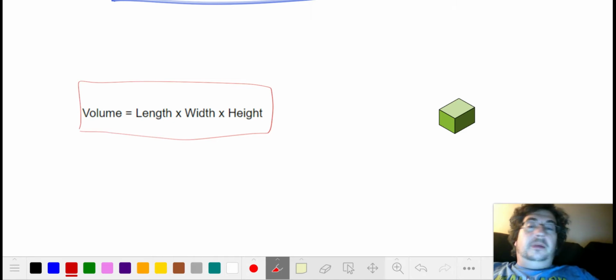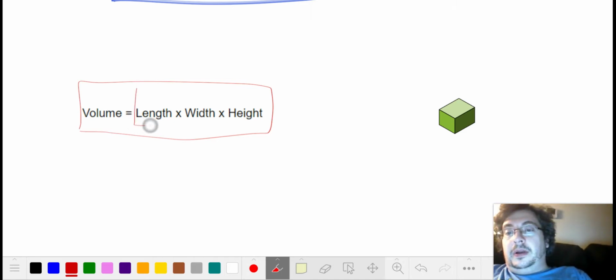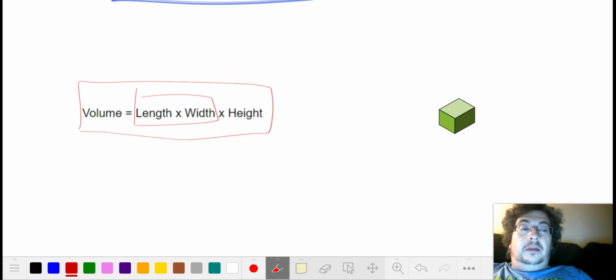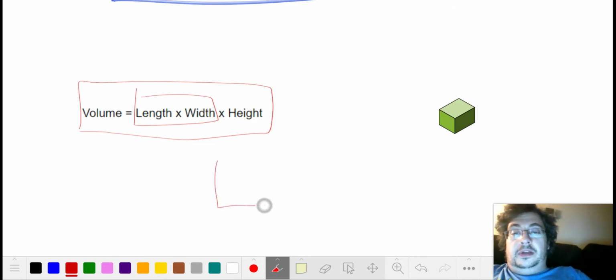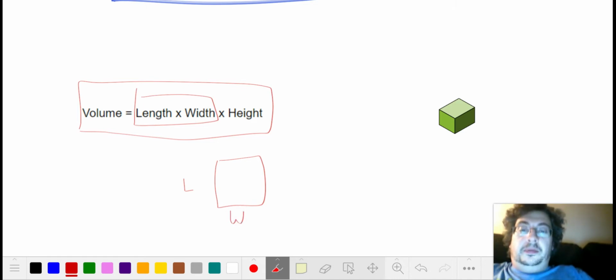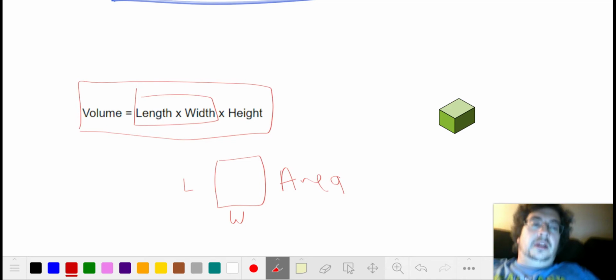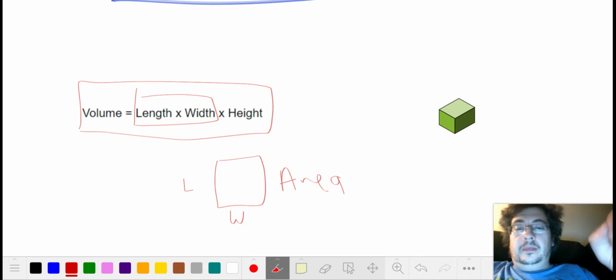And a lot of you guys are probably familiar with this part here, length times width, because in previous years you found the area of 2-dimensional objects like this, where you had a length and you had a width and you multiplied them together and it gave you the area. But now that we're dealing with 3-dimensional objects, we're adding that other dimension, that height, in there. And we're using that to help us find volume.